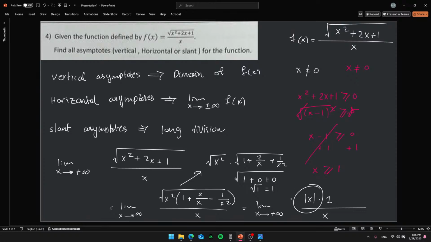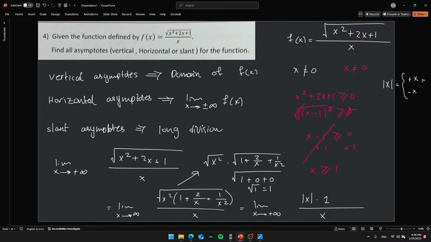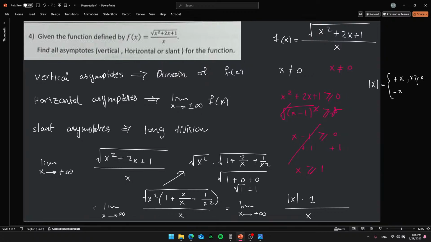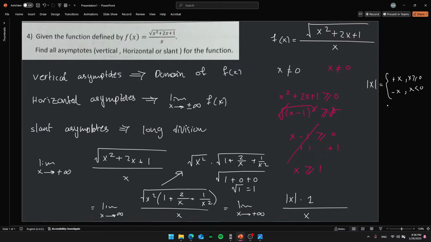Now you have to rewrite the absolute value of x as I showed you before. Just multiply by the sign of x and switch it for the bottom. You use the top one when x is greater than or equal to 0, and the bottom one when x is less than 0.